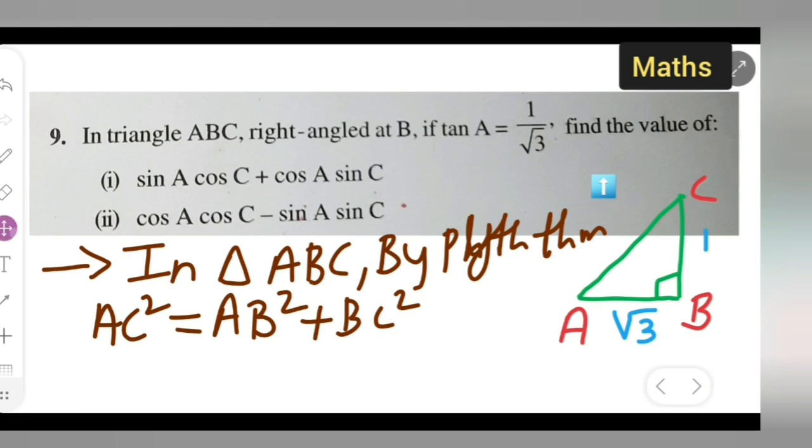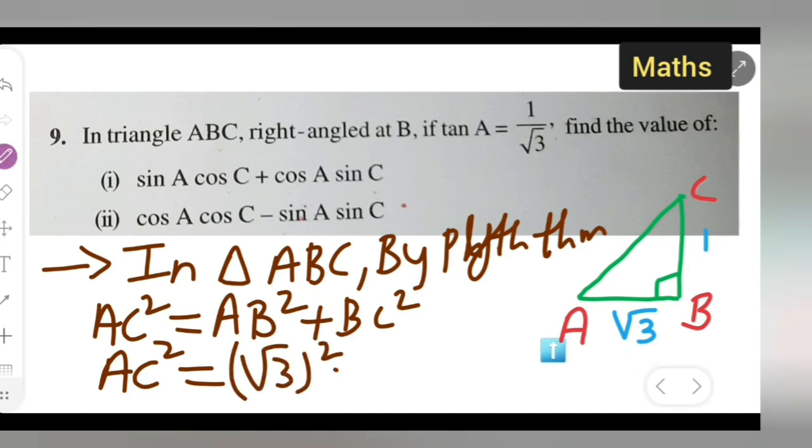Now what is AC square over here? AC square is not given, so keep it as it is. Now we have AB square. AB is root 3, so here it will be root 3 squared, plus BC is nothing but 1, so it will be 1 square.